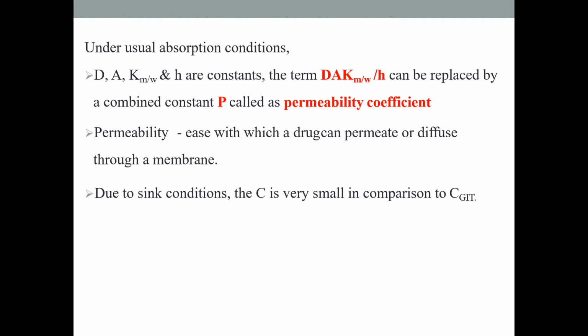Due to sink condition, the concentration in plasma is very small in comparison to the concentration in GIT fluid. So this is all about passive diffusion along with its characteristics.